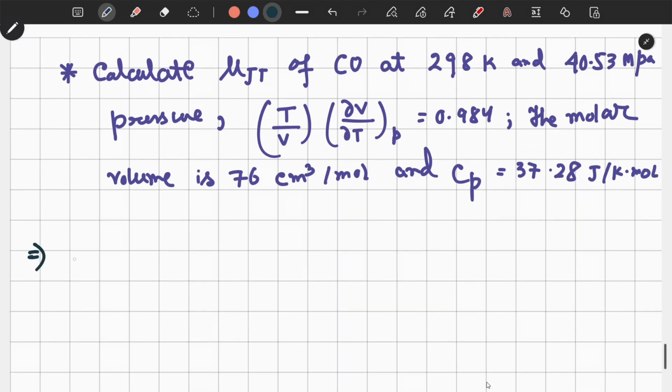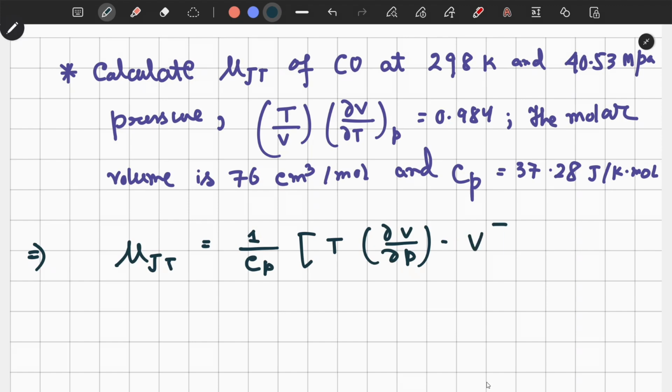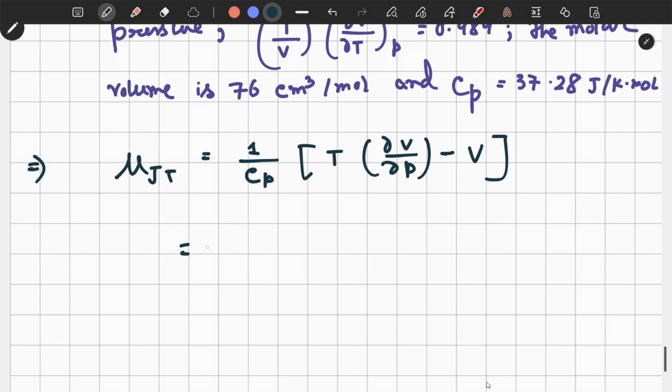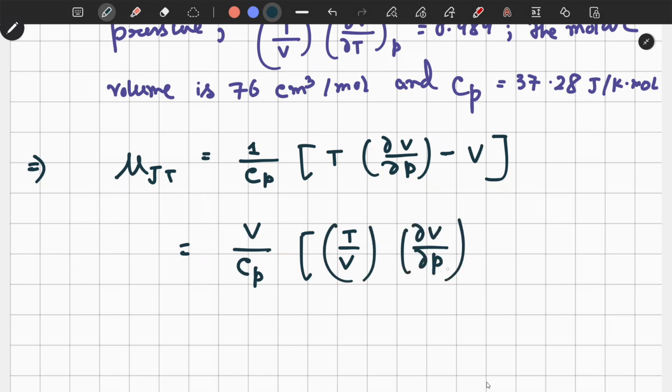What is μJT? 1 by Cp, T into del V del T at constant P minus V. Okay, just take V out. Everything is molar, obviously.